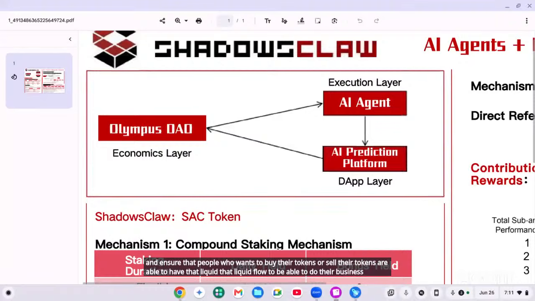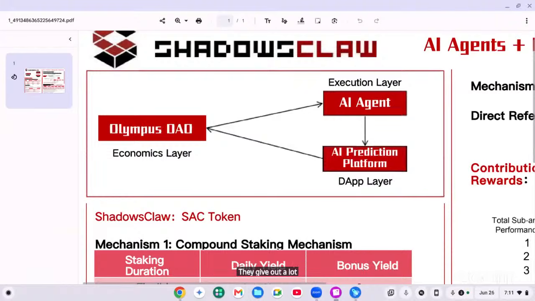What do they gain in return? These guys earn the fees and extra commissions and bonuses that come with some of these things. And some of these projects make it so lucrative. They give out a lot of other incentives to attract these guys to provide liquidity and make the token tradable.